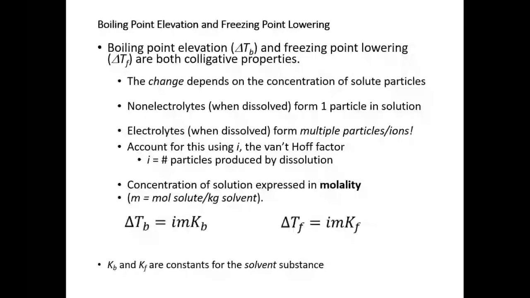If you were told here's the temperature it normally freezes at, and here's the temperature the solution freezes at, what's the easiest way to find delta T? If you're only told information that is in this equation, then this is the easiest way to find delta T.